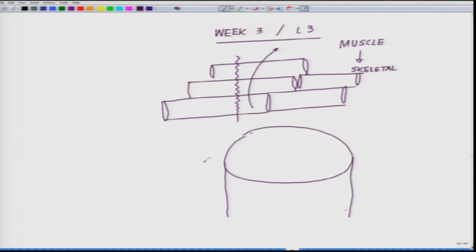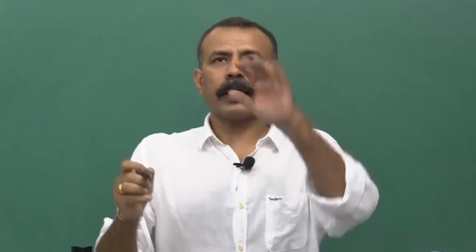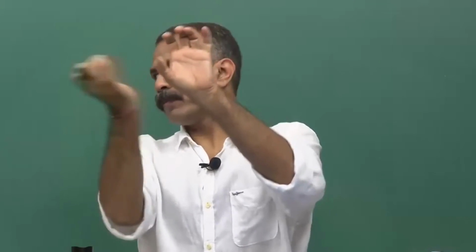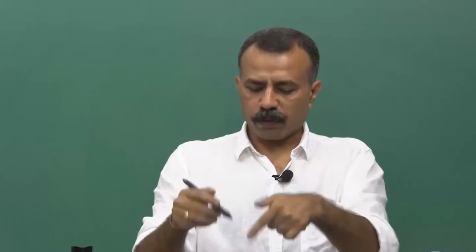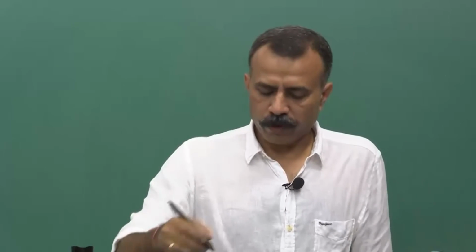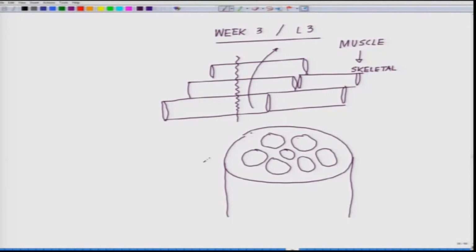The face of the muscle will look very similar to what I am going to draw now. On the face of the muscle, you will see very interesting structure, as if there are even more tubes in it, and these tubes are arranged in colonies. You will see multiple tubes. It is something like inside one tube, you have multiple such tubes placed there, and each community of tubes is separated from the other, and within this you will see further tubes like this.